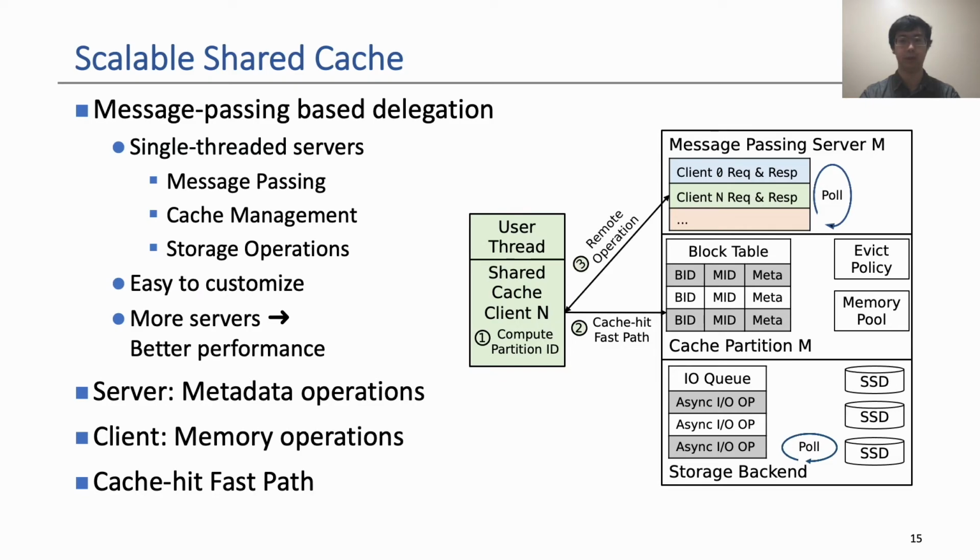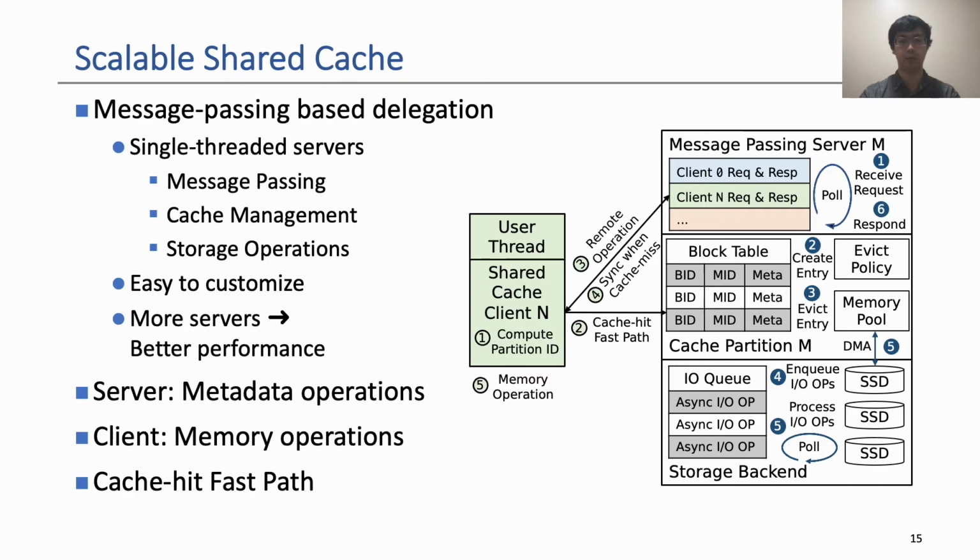If failed, the client will send a remote operation to the server and immediately release the CPU. After the server receives the request, it will maintain the cache, perform I/O operation if necessary, and respond with the memory address to the client. After the client receives the address, it then does the memory operation.